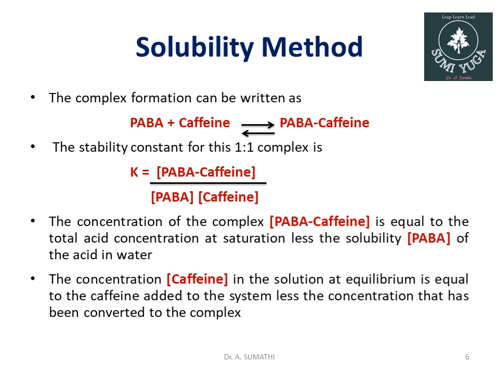Now comes the complex formation equation. It can be written as PABA plus caffeine gives PABA caffeine complex. For this 1:1 complex, we can write the stability constant as follows: K is equal to the concentration of PABA caffeine complex divided by the concentration of PABA times the concentration of caffeine.